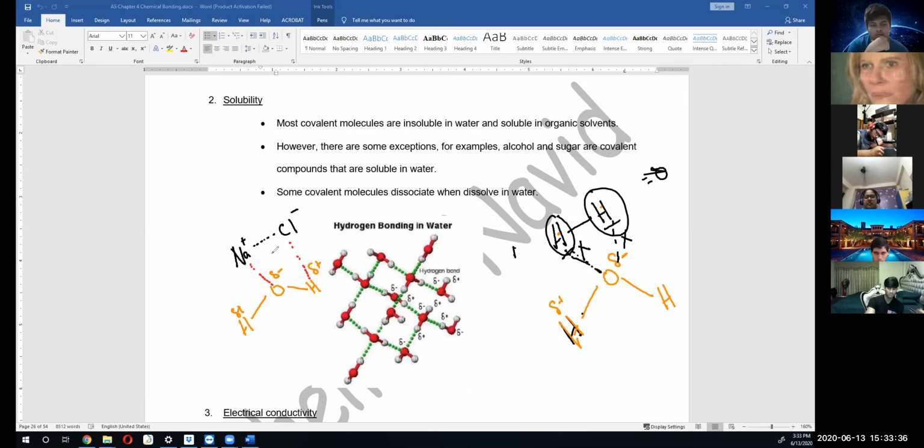Due to this attraction, the sodium chloride is broken down, and they form separate sodium ion and chloride ion.